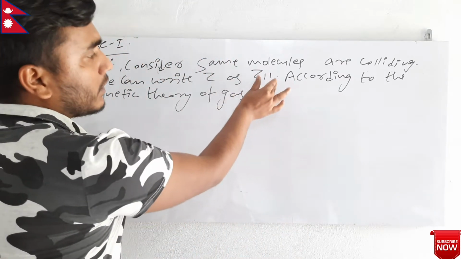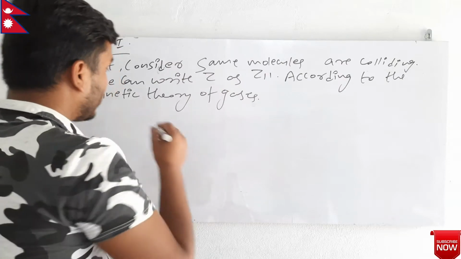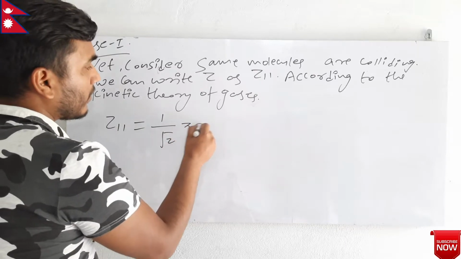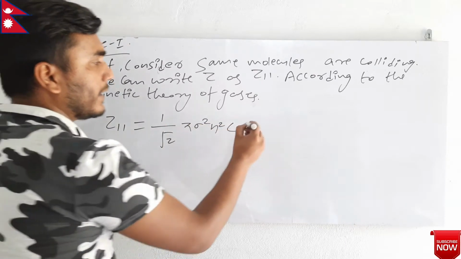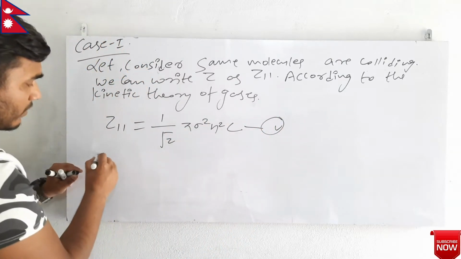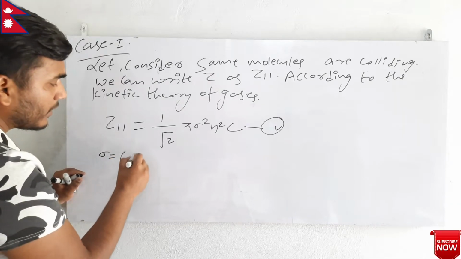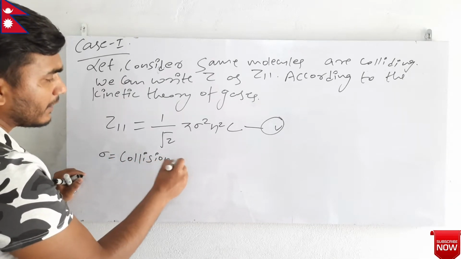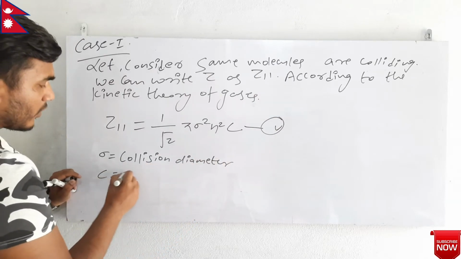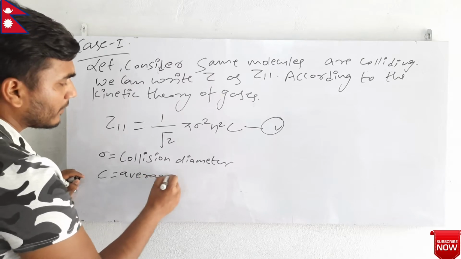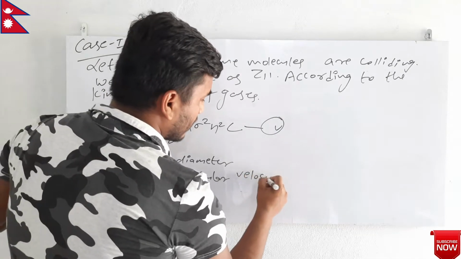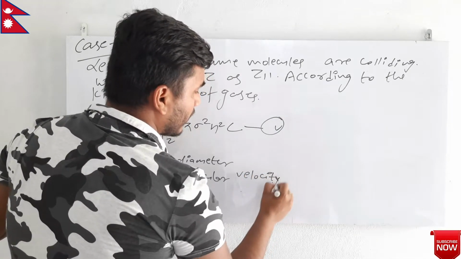There, the number of collisions per second per unit volume is given by 1 by root 2 pi sigma square n square c. Okay, let us consider this to be equation number 5. Here this sigma is actually the collision diameter, and the c is equal to the average molecular velocity.